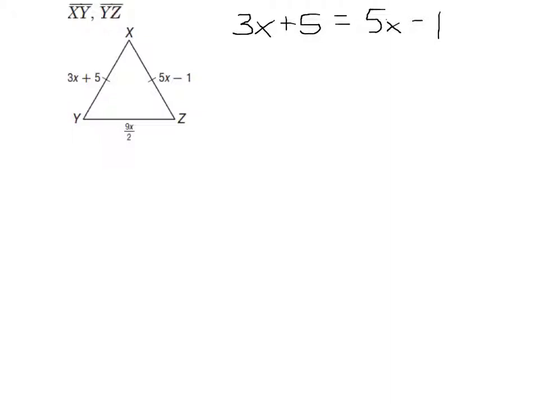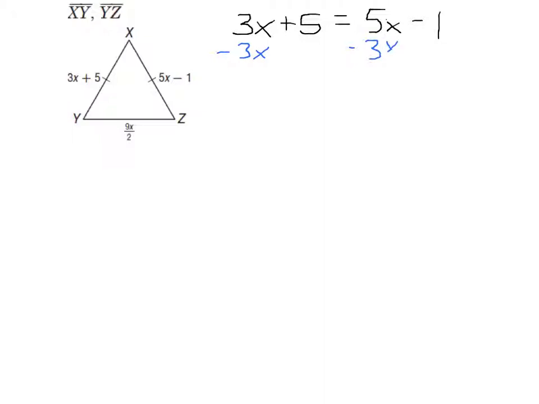So I'm going to start out by subtracting 5 from both sides, or I could start out by getting my x's together. Actually, let's start out with subtracting 3x, and we'll get all our x's on the right side of the equal sign.